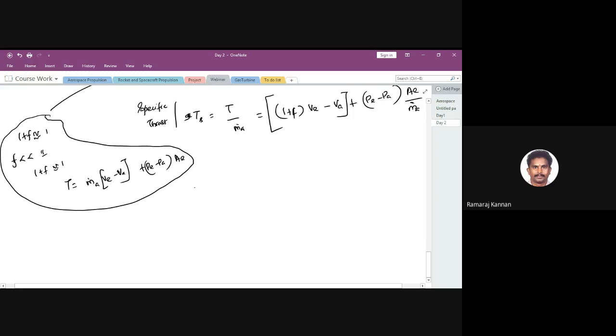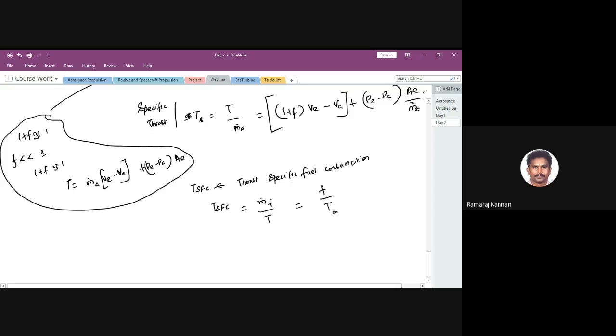Next is TSFC, thrust specific fuel consumption. These they will be asking in 1 mark questions. The thrust specific fuel consumption TSFC is nothing but m dot f divided by thrust. So we can write it as f divided by the specific thrust.